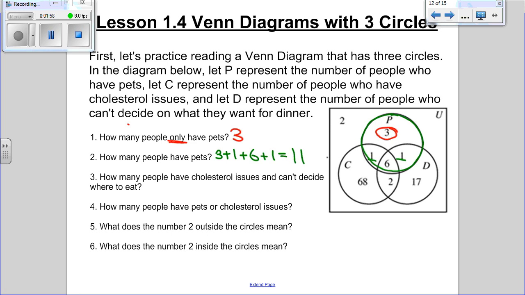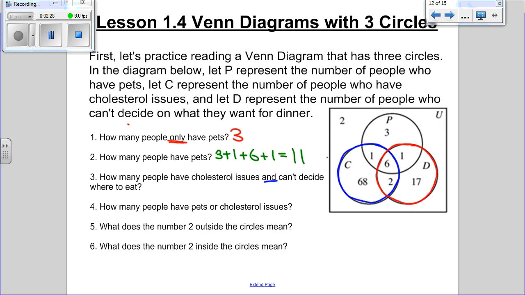All right, question 3. How many people have cholesterol issues and can't decide where to eat? So you're trying to figure out, by looking at your Venn diagram, how many people have cholesterol issues? Well, anyone in this blue circle has cholesterol issues. And you're trying to figure out who can't figure what they want for dinner. So you're looking for anyone that's in this circle as well.